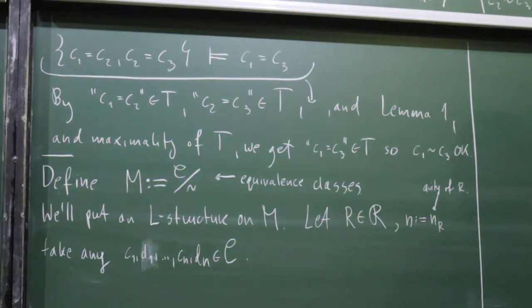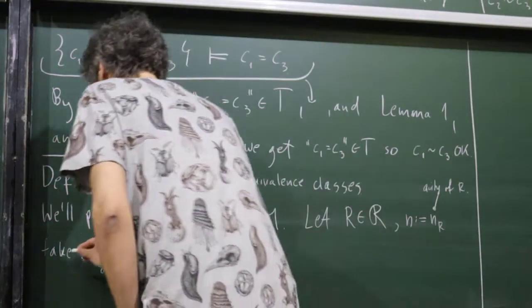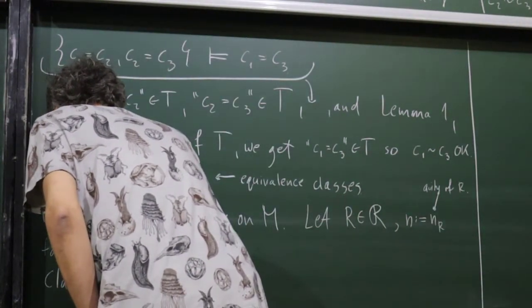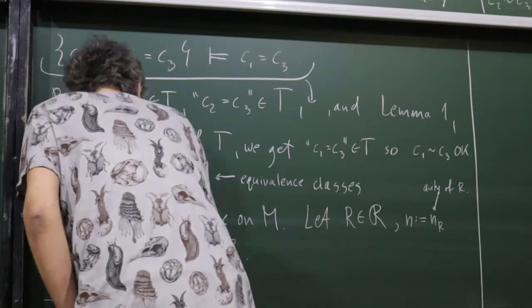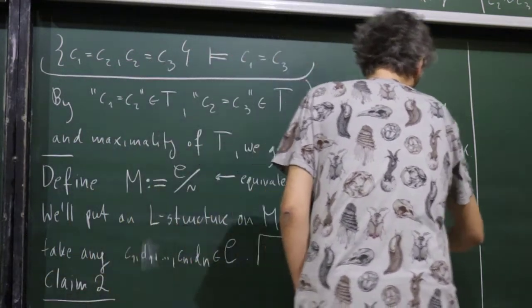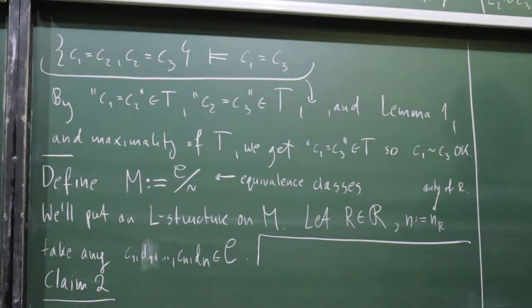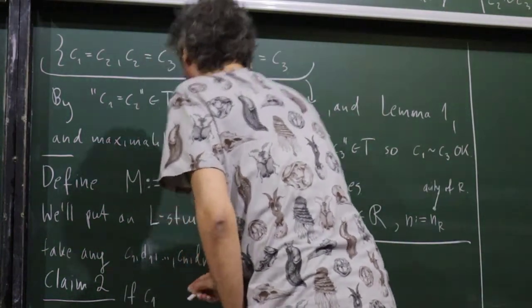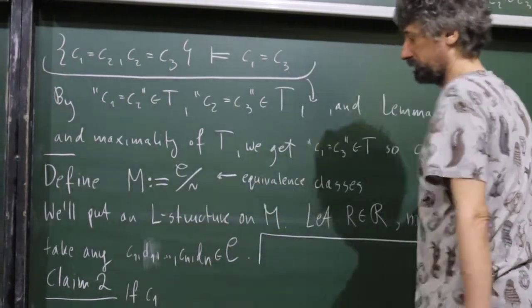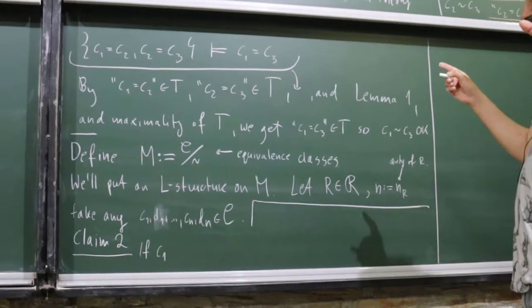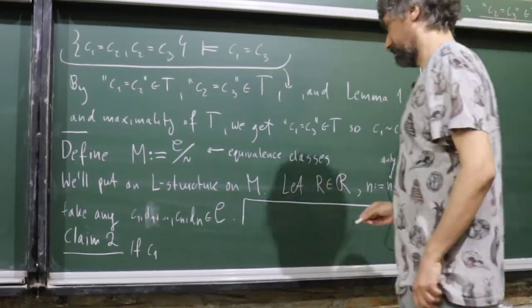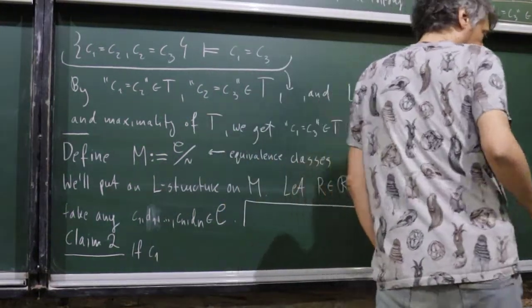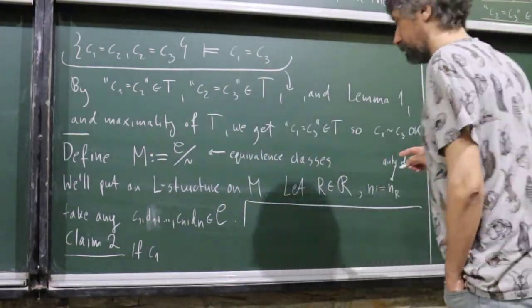So claim 2 says that, so these are like two n-tuples, if up to the equivalence relation they are the same n-tuple, then something good happens.